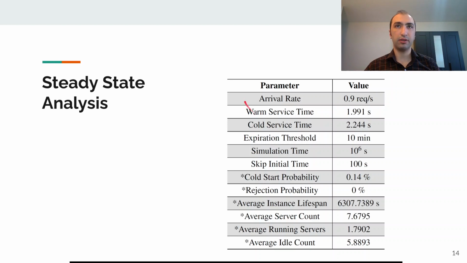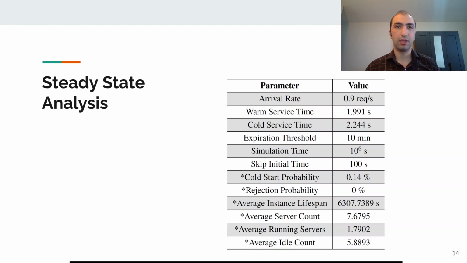So you can see that for a given arrival rate, warm start service time, cold start service time, and expiration threshold, which is constant for any serverless platform that is currently in the market, you can see what will be the probability of a cold start happening to new incoming requests. And this helps you keep an eye on the quality of service. It can help you see the probability of rejecting incoming requests, which helps you know the limitations of your system, so you can see when you will start rejecting requests because you don't have any capacity left.